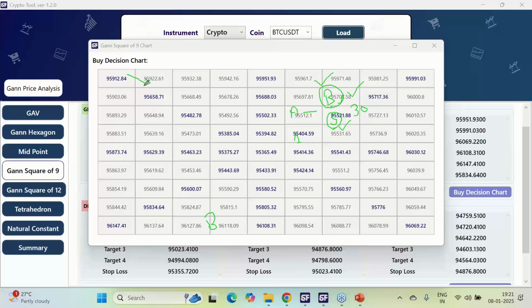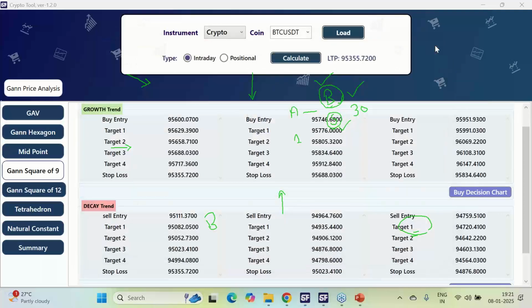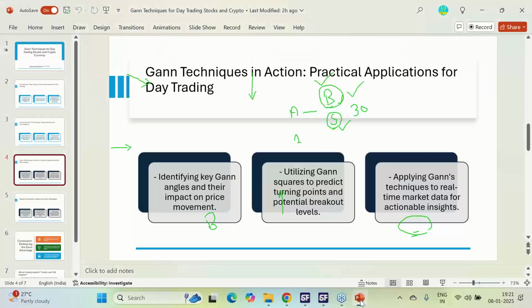Those who have learned this subject will know that. These targets are important for us, and this entire trend will get completed at 96,069. This is the place where our wheel will get completed. That is how you have to work with W.D. Gann's concept in intraday.